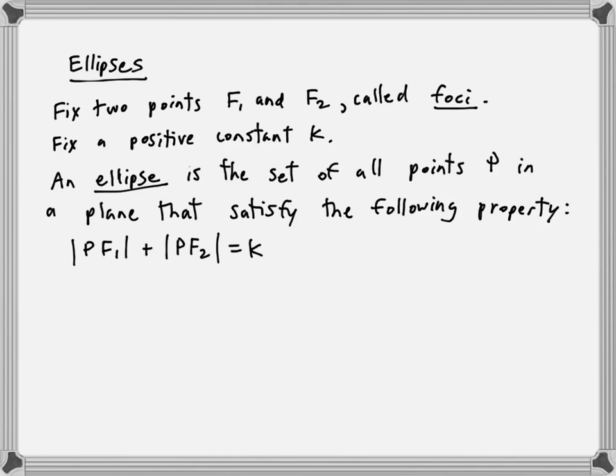All right. Let me actually draw a picture here. So if you have 2 foci, let's call these 2 points the foci. And we know what an ellipse looks like, so let's just draw it. What we're saying is that if you take any point on there, if you take that distance plus that distance, you get k.